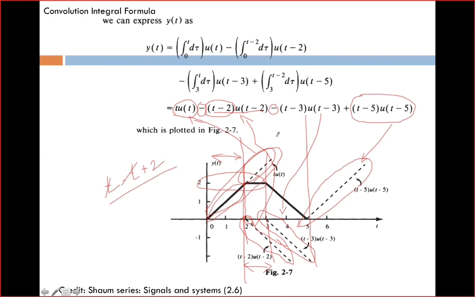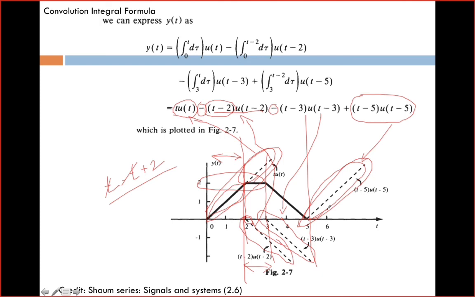Similarly, you are going to add t and t minus 3, that is t minus t plus 3, and the function will decrease, and then once again we add and it will increase. So this function will decrease and increase purely depending upon the value.